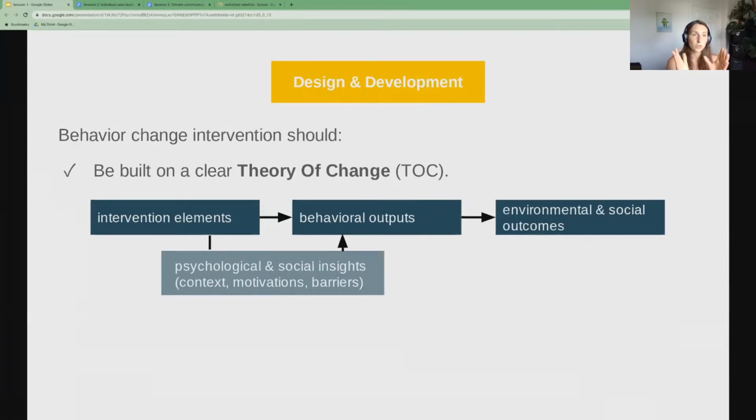It might be a huge composting campaign that consists of tax cuts, it consists of education, and it consists of free trial kits, for example, for those that can't afford to make the investment themselves. So it might be that you choose several elements for different parts of your audience, and putting that all together is then your intervention, your campaign.